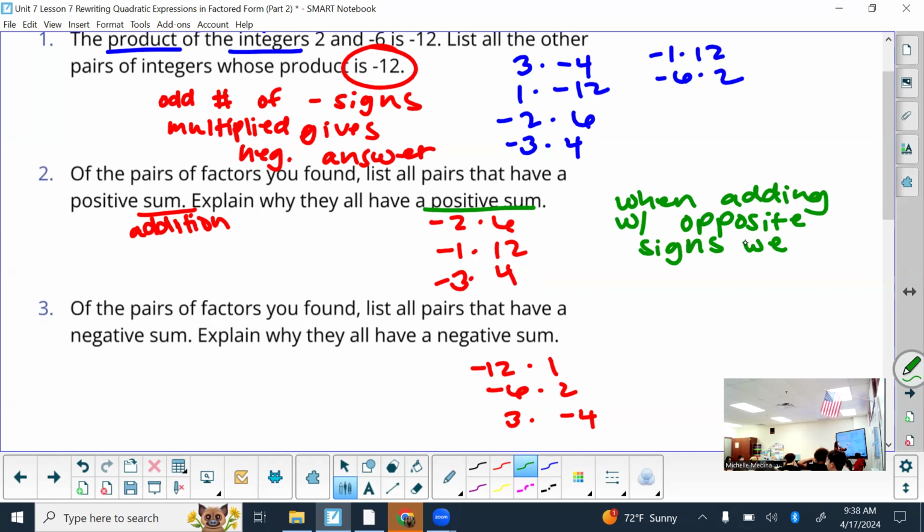Like, what is negative 2 plus 6? It is 4. It's not 8, even though 2 plus 6 is 8. So we're actually not necessarily adding them. We are subtracting them, right? Like their absolute values, 6 minus 2 is 4. But how do we know what sign we keep?